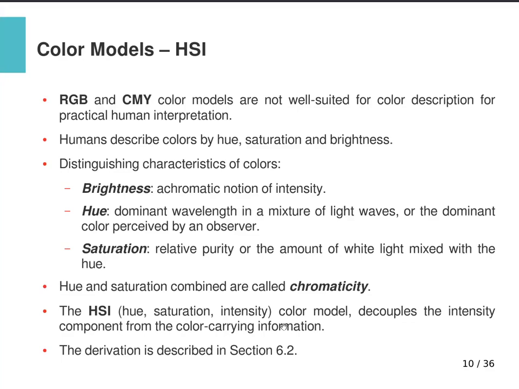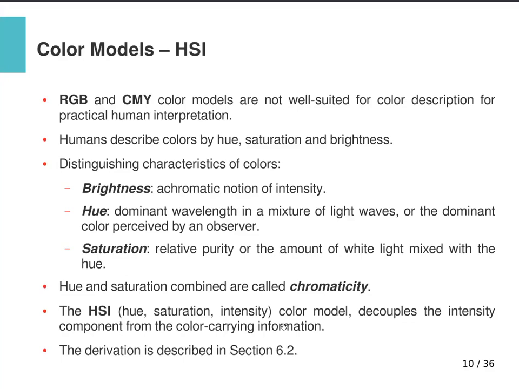The next very common color model that we describe here is HSI. RGB and CMY color models are not well suited for color description for practical human interpretation, because humans describe colors by hue, saturation, and brightness, not by specifying the percentage of red, green, and blue combined to create a specific color.